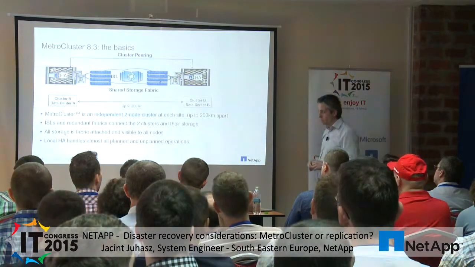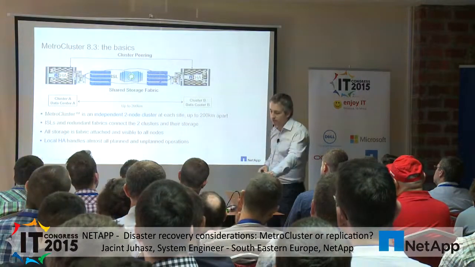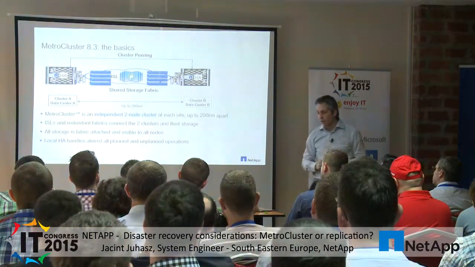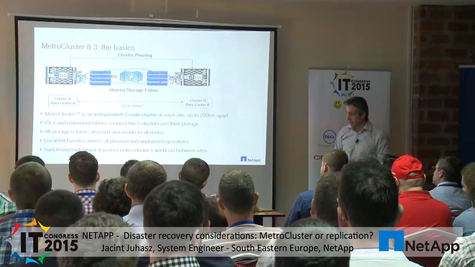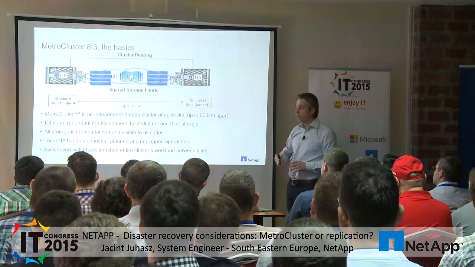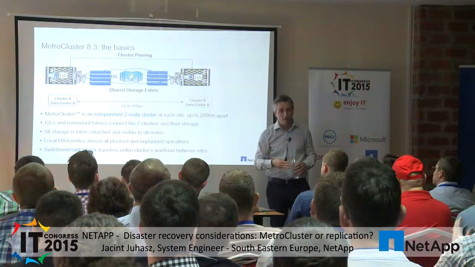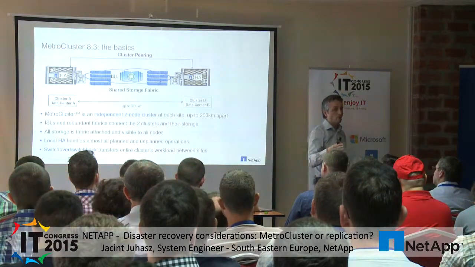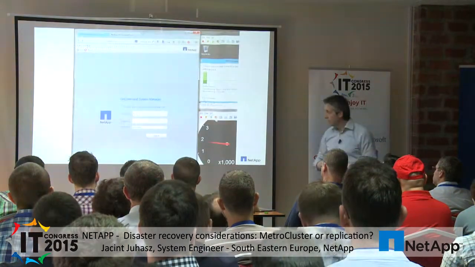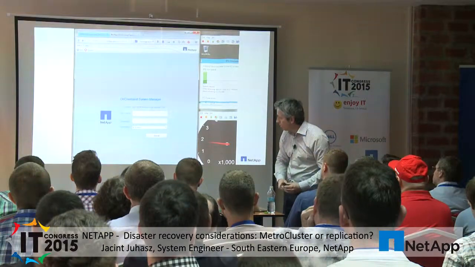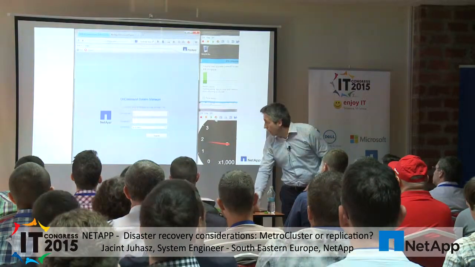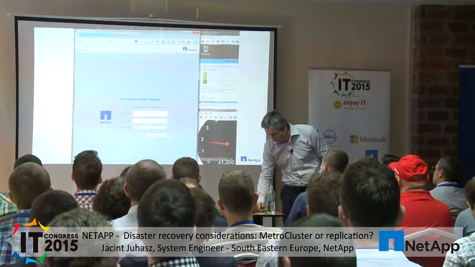Local HA will still handle all the local high availability requirements, and on top of that you have storage switchover and switchback. So let's start with a 1-2 minute demo. Let's see how this thing works.